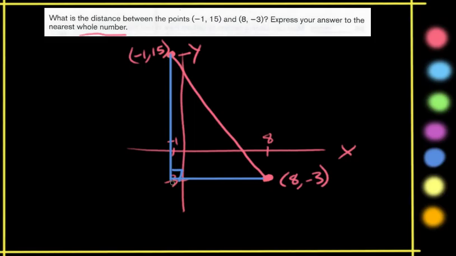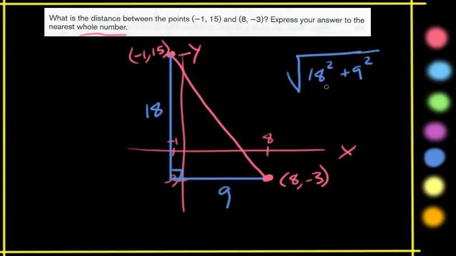So what does that give us? This is from -3 up to 15. That's a distance of 18, the height of this triangle. And then from -1 over to 8, that's a distance of 9. So what we're going to have is the square root of 18 squared plus 9 squared.